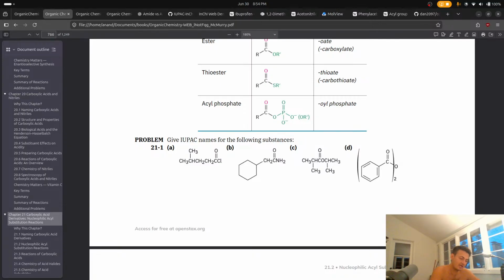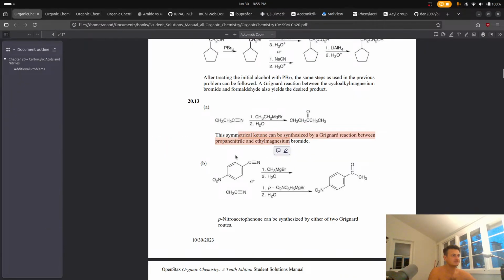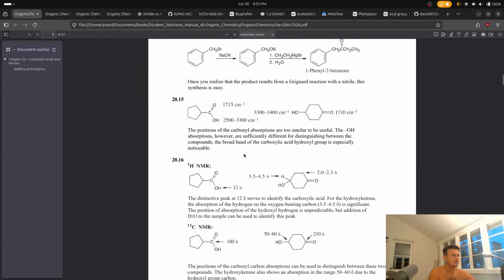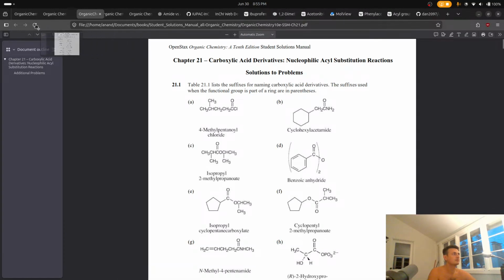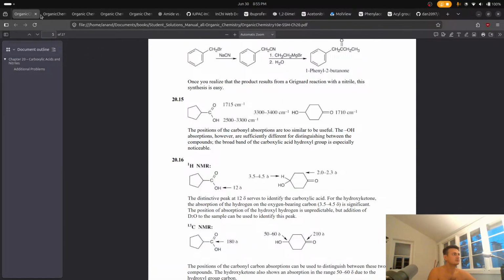But then if you add a carbon in between there, which we have, I don't exactly know how to name this. We need to open up chapter 20.